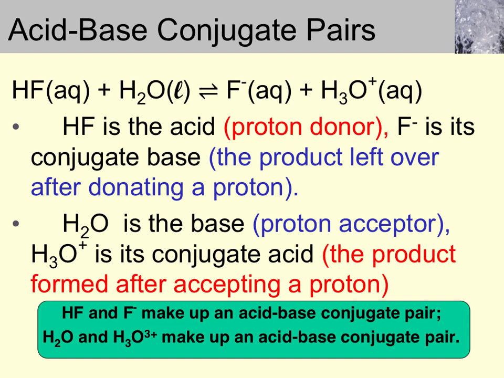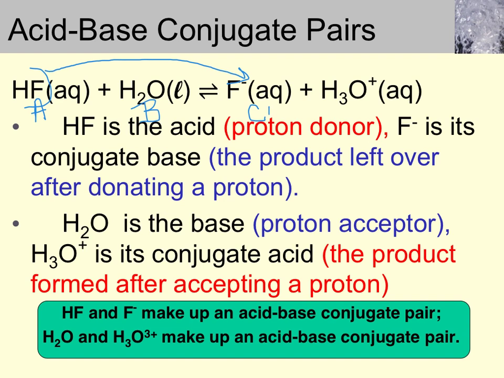So this would be a typical question I might ask you. I might ask you to label the acid, the base, the conjugate acid, and the conjugate base in a reaction. So this is how you would do it. We simply use letters. So A would be the acid, B would stand for base. Look at the acid and see what it forms, or what's left over after it donates.